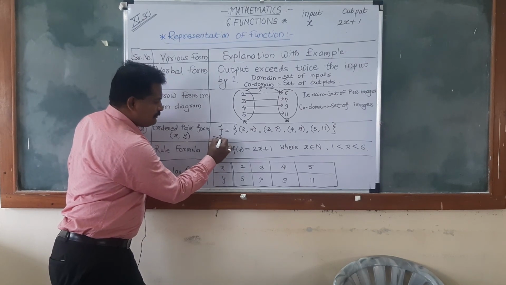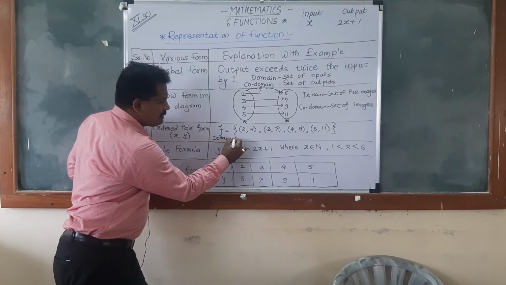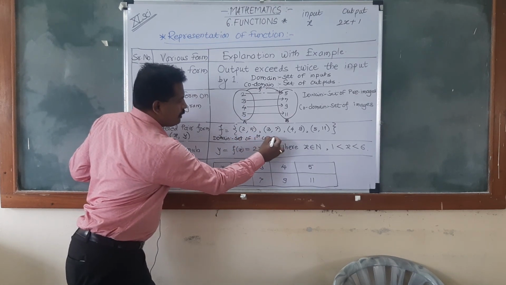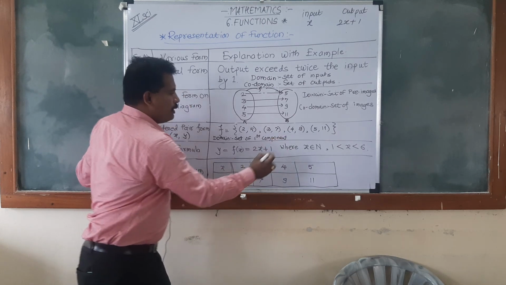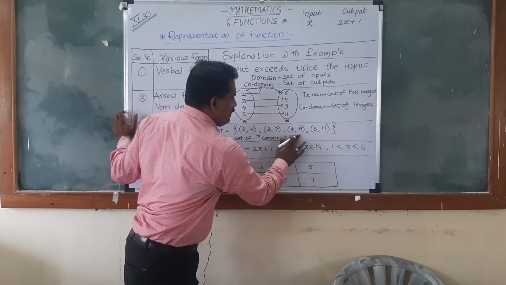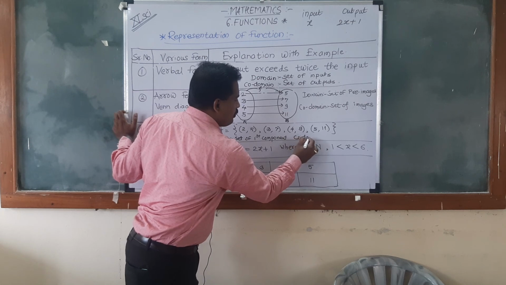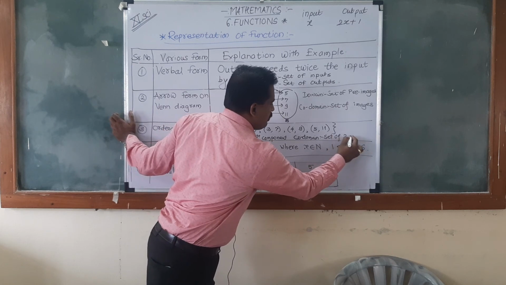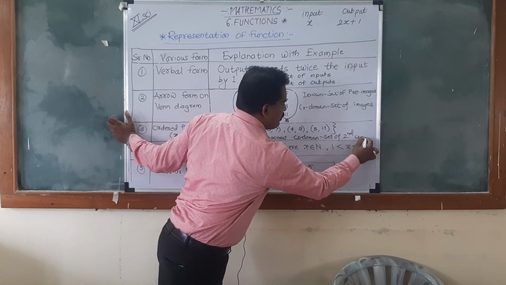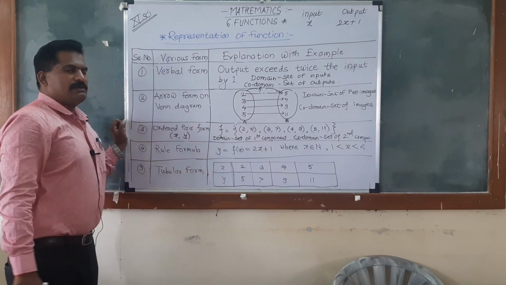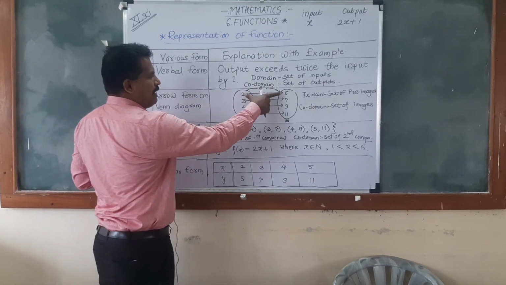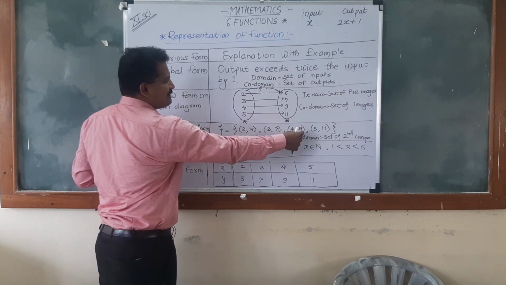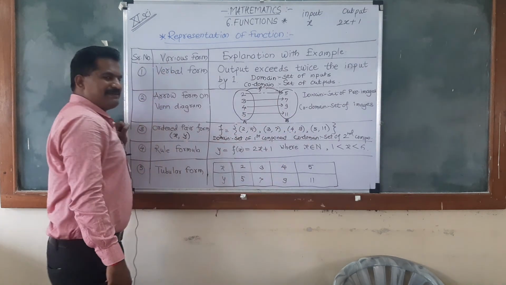Therefore domain is the set of first components and codomain is the set of second components. Here (2, 5) is the first pair, (3, 7) is the second pair, (4, 9) is the third pair, (5, 11) is the last pair.